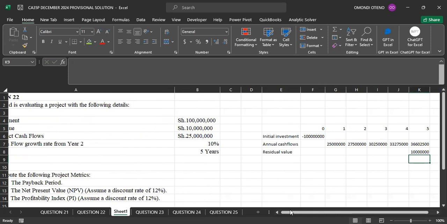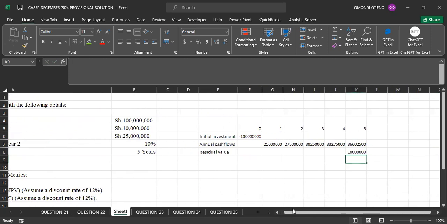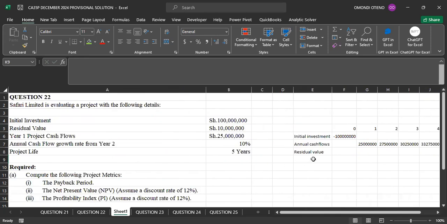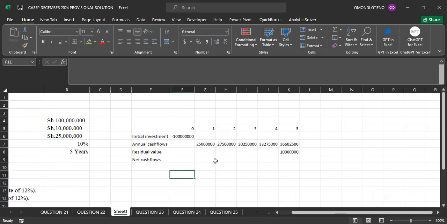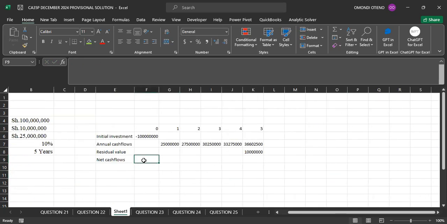So having done that, we can now go ahead and get the net cash flows. Do we have the way of getting the net cash flows? Yes, you get the summation of everything now.